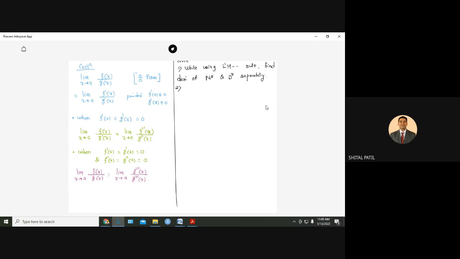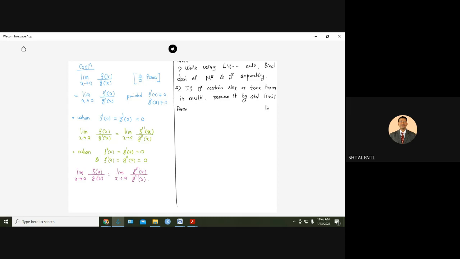Second, if the denominator contains a sin x or tan x term in multiplication, so it should not be in addition with the remaining terms, remove it by standard limit formulas.